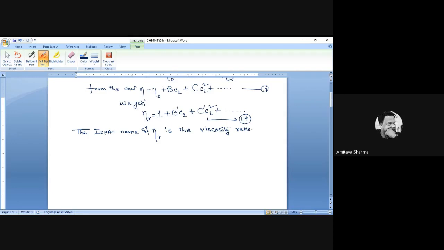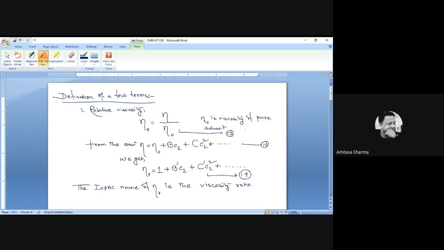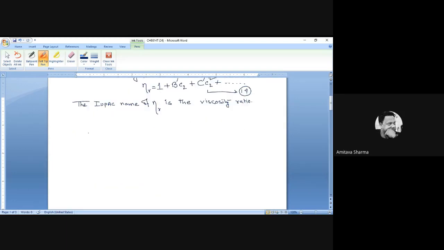This is called the viscosity ratio. Now the second one, that is specific viscosity.